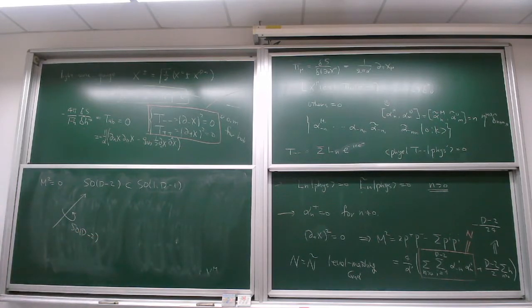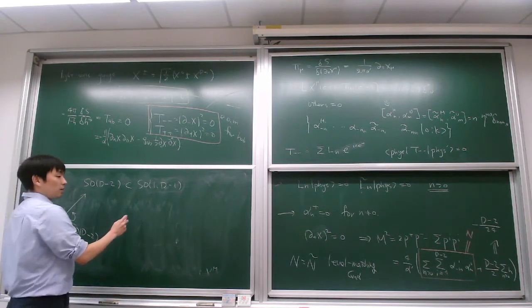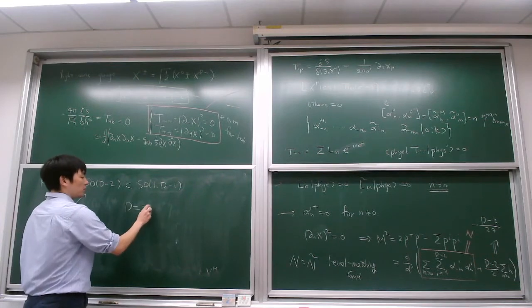You just forget about the coordinate of time and the direction the massless particle or massless string propagates. In order for the massless state to be invariant under SO d minus 2, d has to be set to 26.